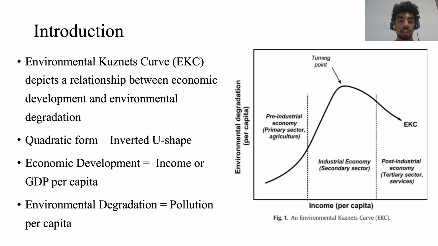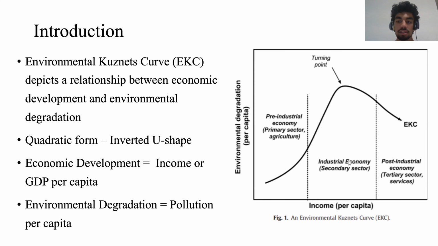typically using income or GDP per capita as the measure of economic development, and usually pollution per capita as the measure of environmental degradation. It is a nonlinear model in the quadratic form, typically in what's referred to as an inverted U shape.